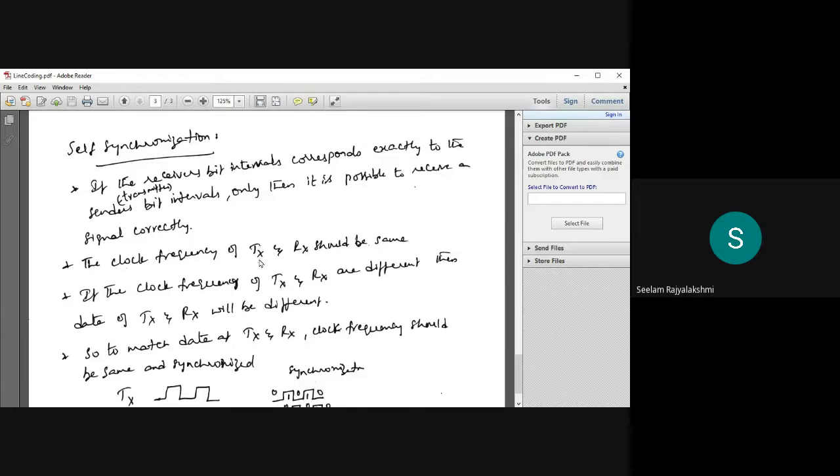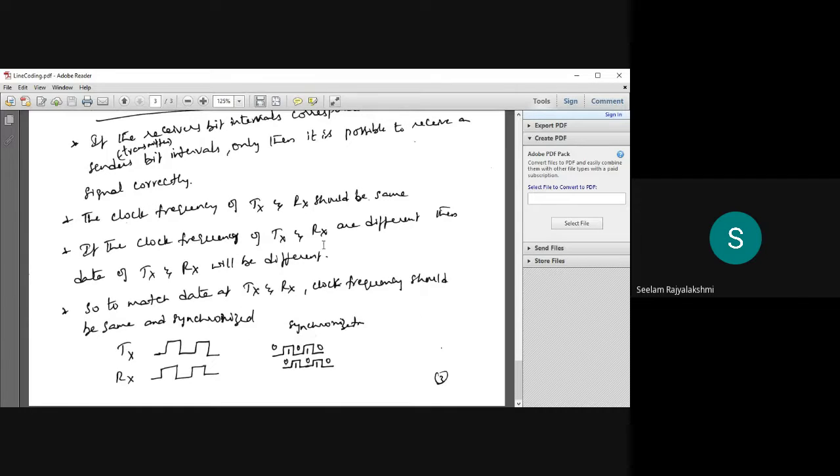So the clock frequency of Tx, the transmitter, and Rx, the receiver, should be the same, because the bit intervals for the receiver and the transmitter should be the same. Otherwise it is not possible to receive the signal correctly. If the clock frequencies of Tx and Rx are different, the data will be different. So to match the data, the clock frequency should be the same and synchronized.